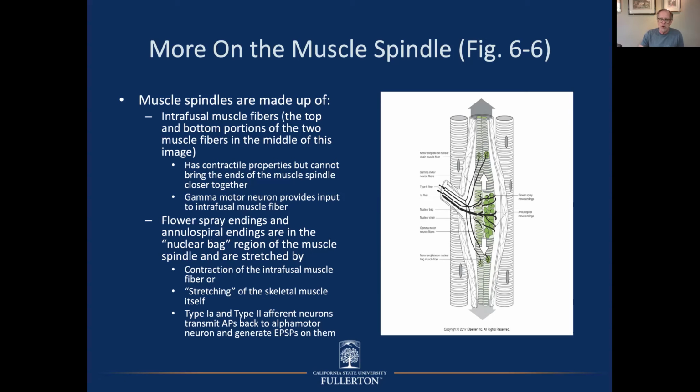They are called flower spray endings and annulospiral endings. And you see this annulospiral and flower spray. So they're going to detect what's going on. They're afferent. They're going to detect what's going on in that muscle spindle and send the information back along with other afferent neurons through a spinal nerve and through a dorsal root, and then they're going to synapse someplace and cause some things to happen.